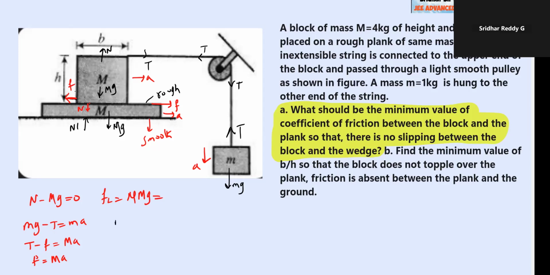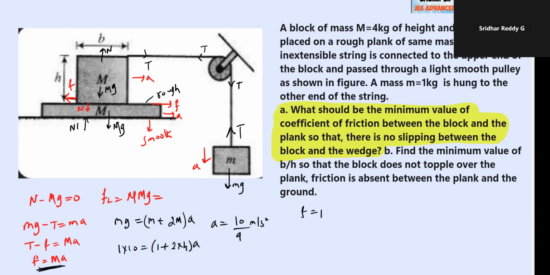I'll add them all up. mg equals M plus 2m into a. m is how much? 1 kg. So this will be 1 into 10 divided by 1 plus... so a is 10 by 9 meter per second square. Okay, this value we will substitute here.